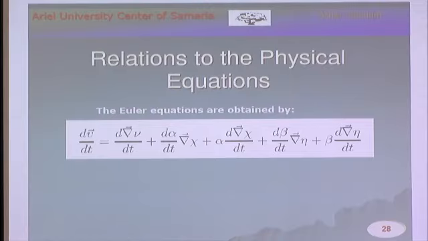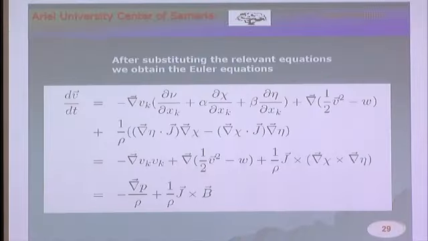Now, let's look at the material derivative of V. You have a set of terms that you have to take the derivative of, and you need to use the equations you got for all those quantities, nu, alpha, beta, chi, and eta. And if you plug everything in, then after a few lines, you get your Euler equation back.